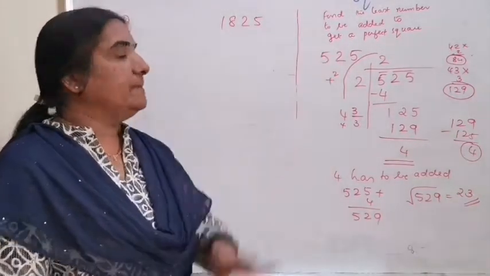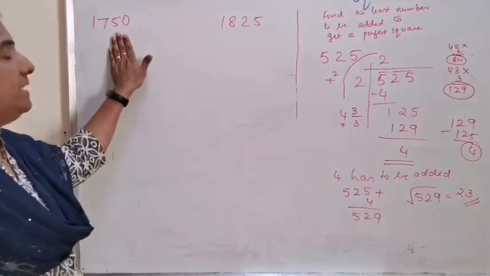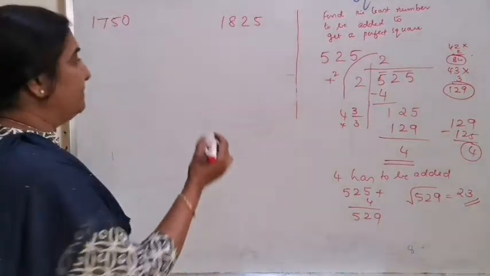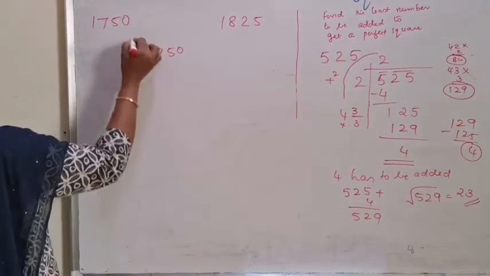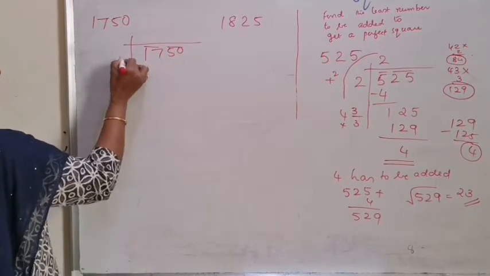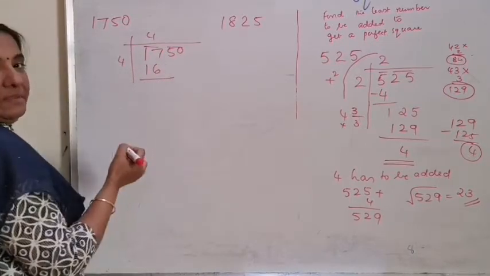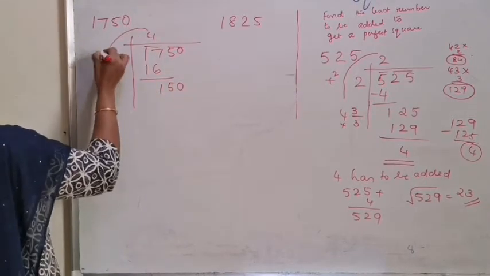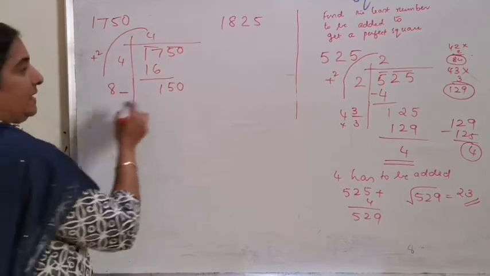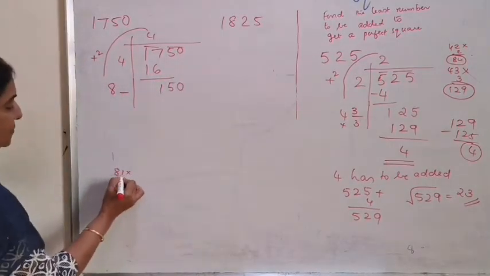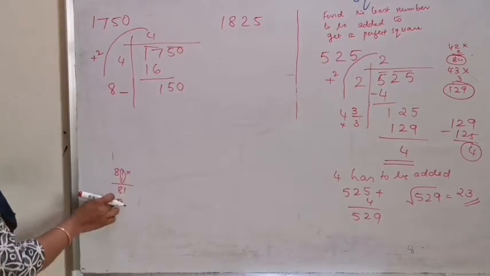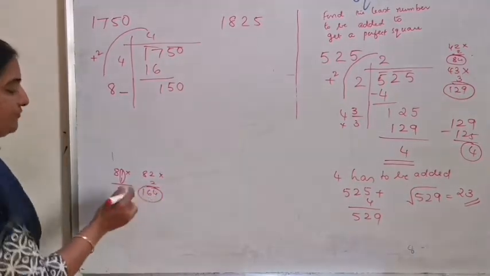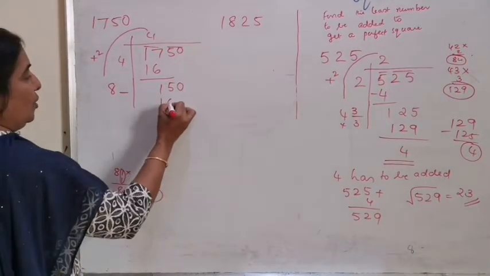Find the least number to be added to the given number to get a perfect square. 1750 is not a perfect square. 4 fours are 16. 17 minus 16 is 1, then 50. The step remains the same as multiply. Now 81 into 1 is 81. That's a smaller number. And 82 into 2 is 164. The bigger number we have to opt for.